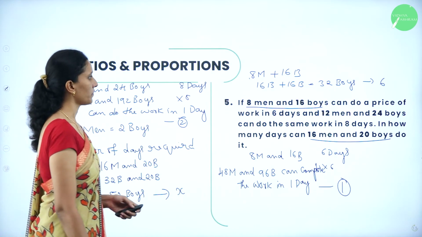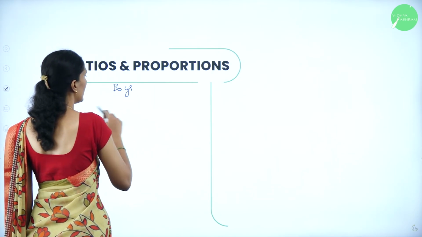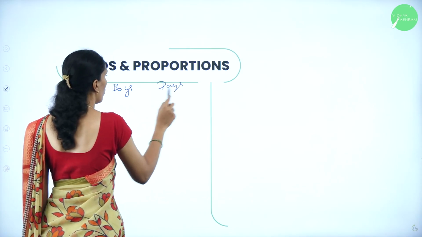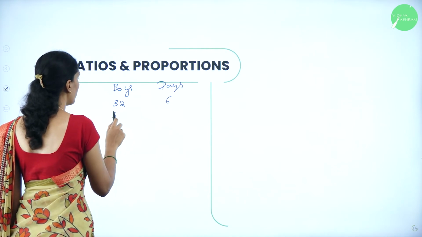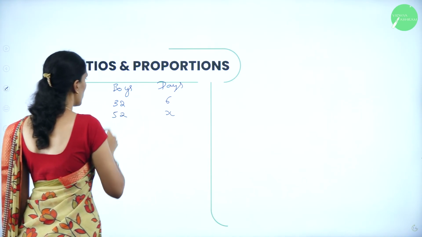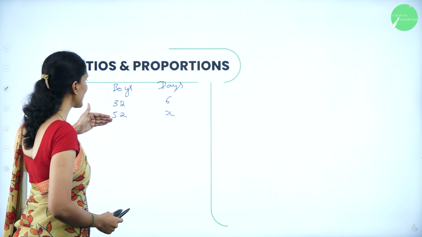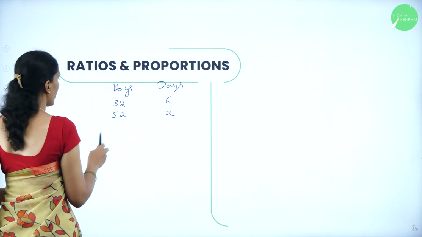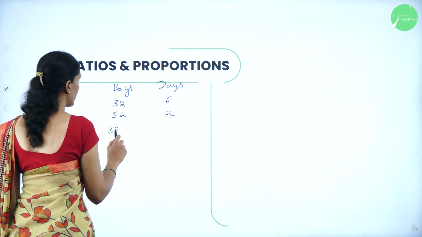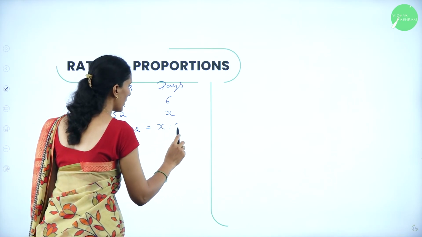Now, I have the number of boys and days. For 32 boys, I have 6 days, and for 52, I don't know. So they are inversely proportional because the number of persons is increasing, therefore the number of days must decrease. If I write this in terms of proportion, 32 is to 52 is equal to X is to 6.